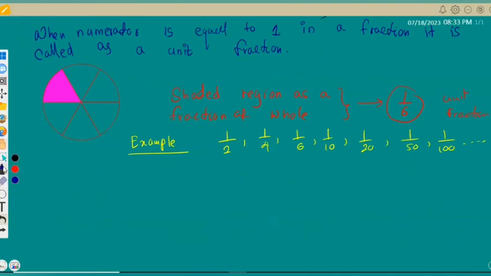Next type of fraction is called the proper fraction. Write down proper fraction.